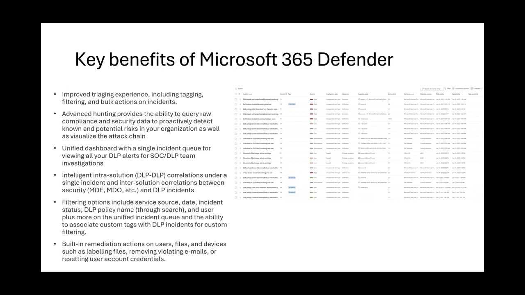The unified dashboard with a single incident queue in the Defender experience allows your SOC and DLP team to view all your DLP alerts in one single incident queue. There are also intelligent correlations available within the product that provide intra-solution DLP to DLP correlations under a single incident, and inter-solution correlations with security as well, such as Microsoft Defender for Endpoint and Microsoft Defender for Office.